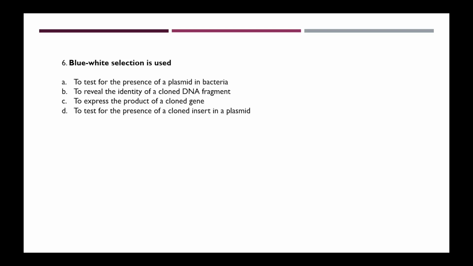To test the presence of plasmid in bacteria, to reveal the identity of a cloned DNA fragment, to express the product of a cloned gene, or to test the presence of a cloned insert in a plasmid. What would be the option? D. Yes, to test the presence of a cloned insert in a plasmid.